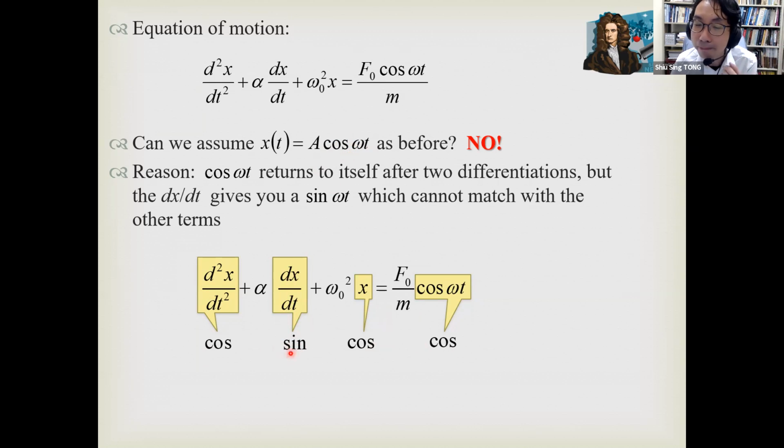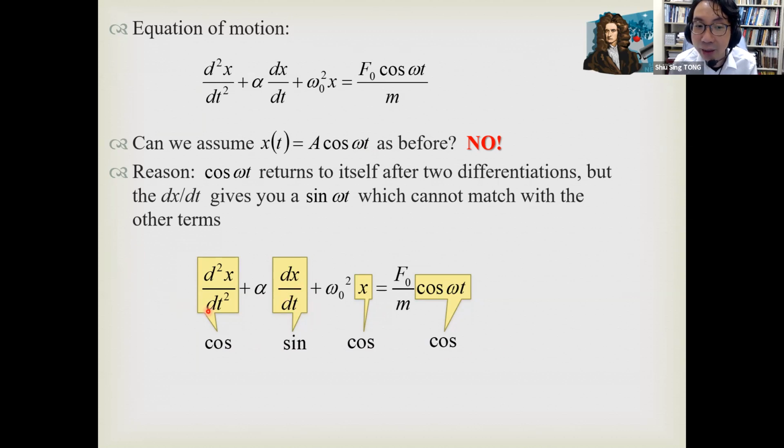Anyway, now you can see it is impossible to satisfy this equation. If you make the coefficient of the cosine equal on both sides, there's no way for us to make the coefficient of the sine zero, because you only have one sine term.